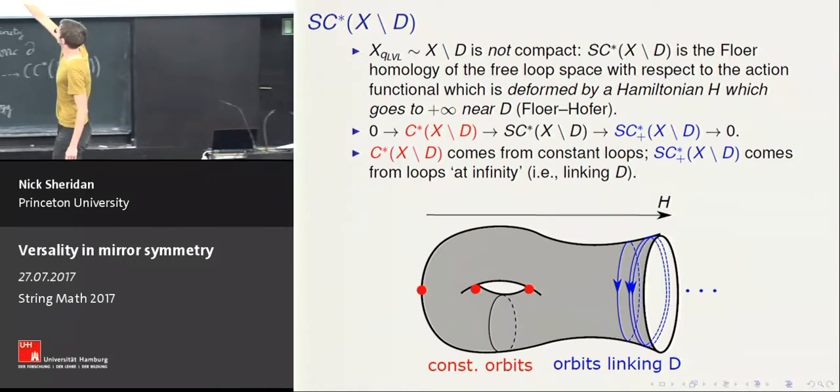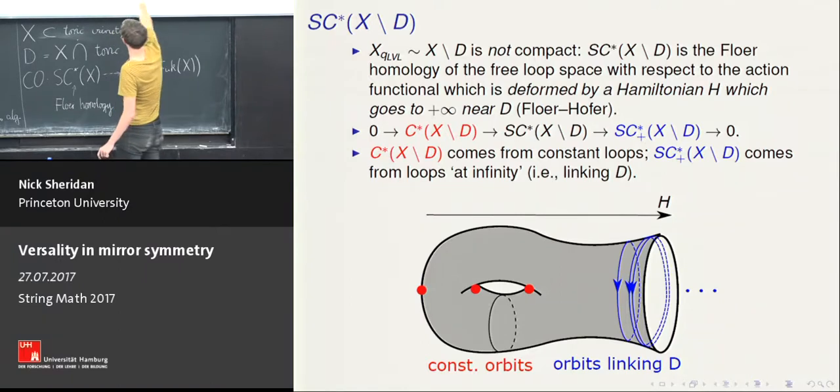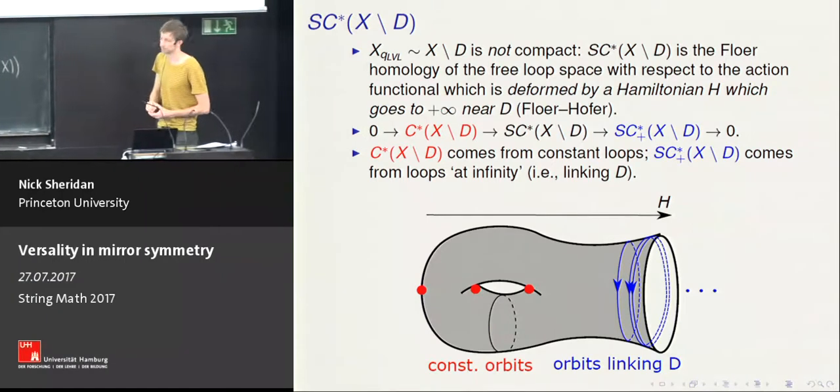So because we use this kind of H that gets really big as we go out in this direction, the flow lines of the associated Hamiltonian vector field can kind of loop around the divisor D, and we get these extra generators.